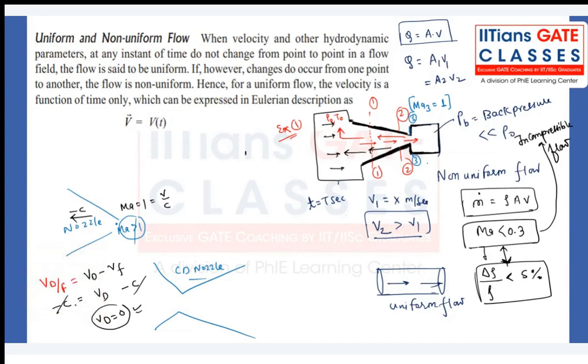Again, there can be some misinformation that can be interpreted here: sir, if I keep the back pressure constant and increase my p naught, tell me, what about my mass flow rate? Let's say the mass flow rate is 2, and with the changing of the back pressure my mass flow rate is 1, and that is my maximum mass flow rate.